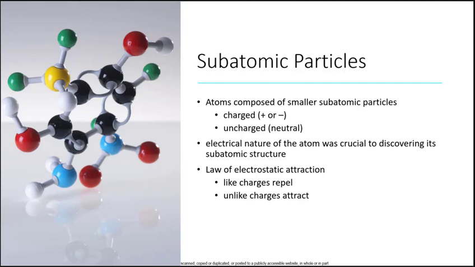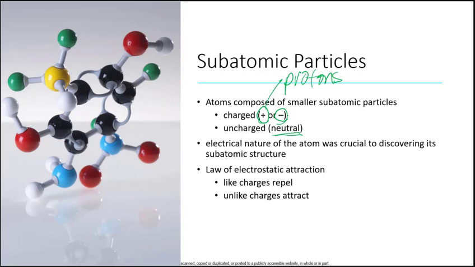So atoms have smaller subatomic particles. They can be charged, so they can be positively or negatively charged subatomic particles, and neutral subatomic particles. The positively charged ones are called protons.